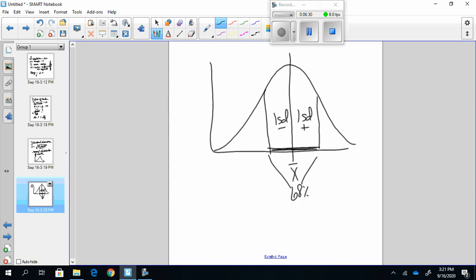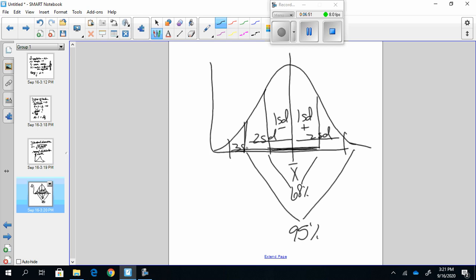Now, if I keep extending it, if I go out 2 standard deviations this way and 2 standard deviations this way, I will have 95% of the data fall within that range. And if I go to 3 standard deviations, both directions, I will now have 99% of my data.